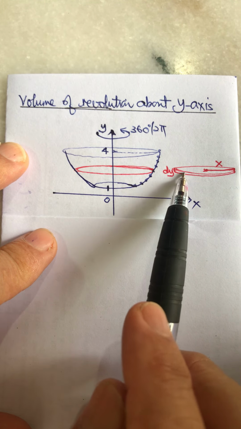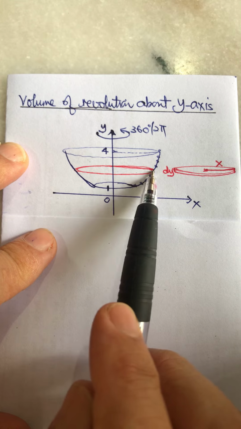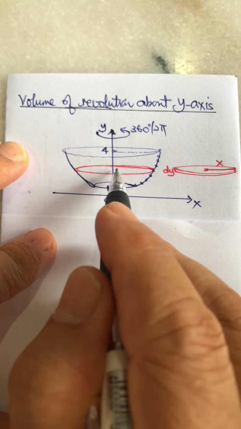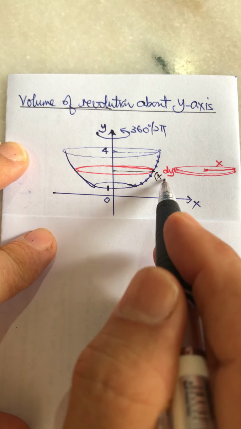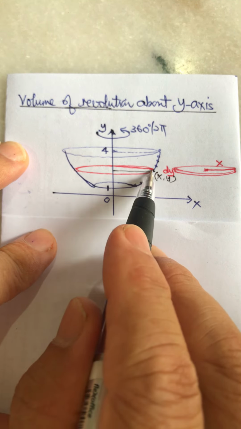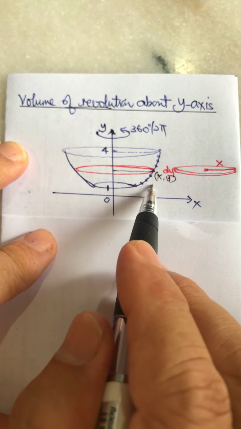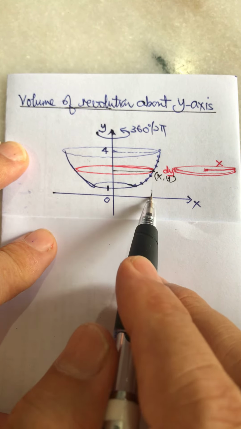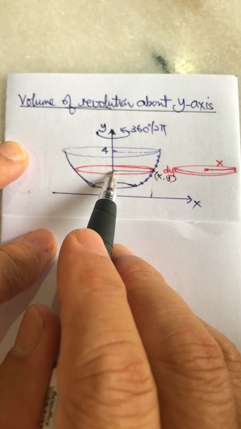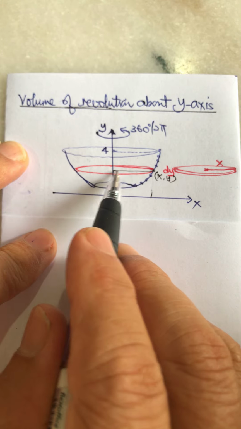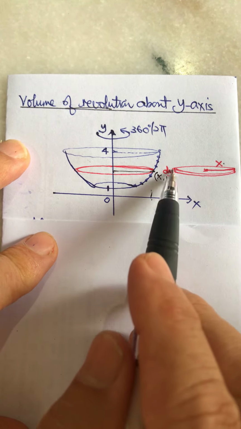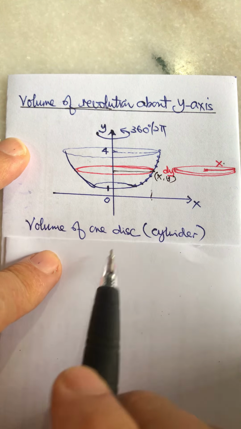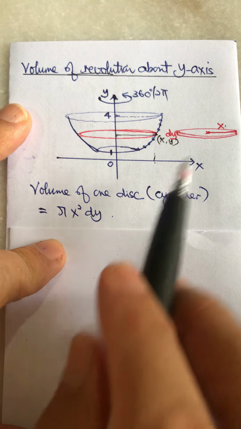Look at this one: the radius is x, because for this point the coordinate is (x, y). This is x, this is y. So the radius is x, so the area will be pi x square dy.